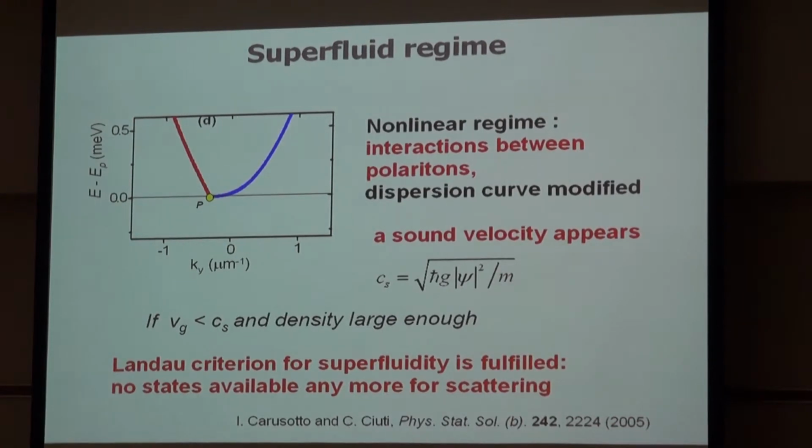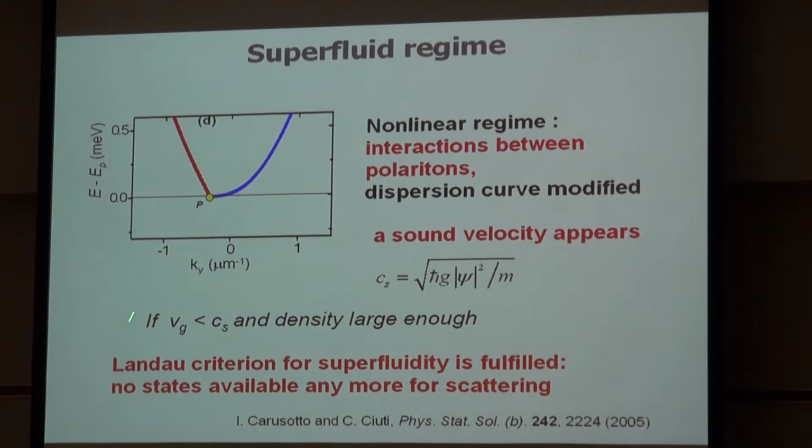Now, in the nonlinear regime, when the interactions between polaritons become large, then there is this linear part appearing, a sound velocity, which is given by the usual value, square root of h bar g psi squared over m.